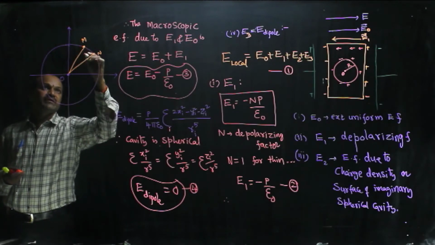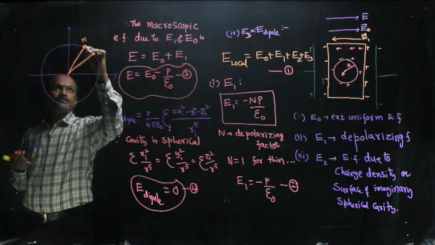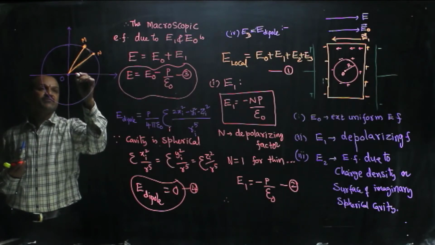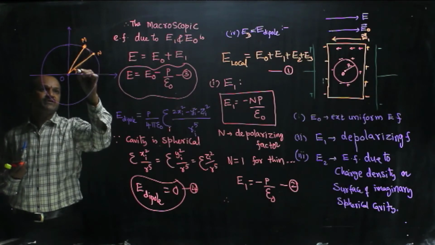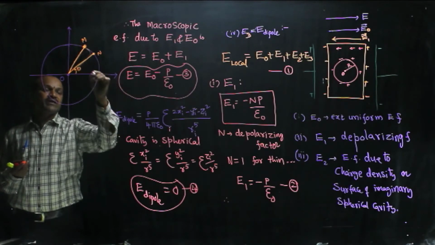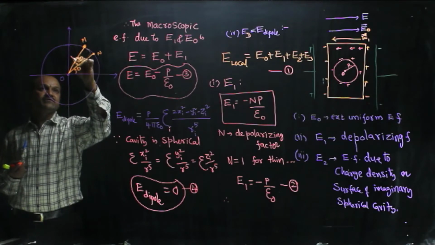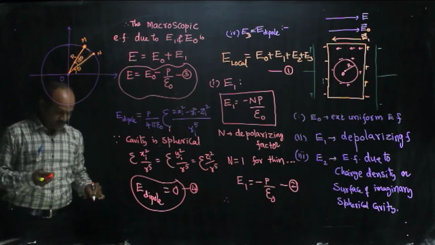So this part we are taking. We have taken this small strip MN that makes angle theta with the horizontal axis, and it has some angle d theta, and the radius of the cavity is capital R.